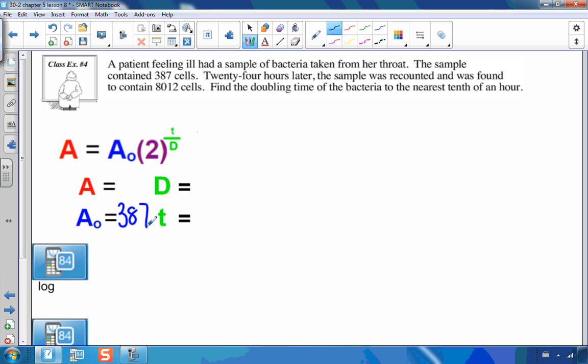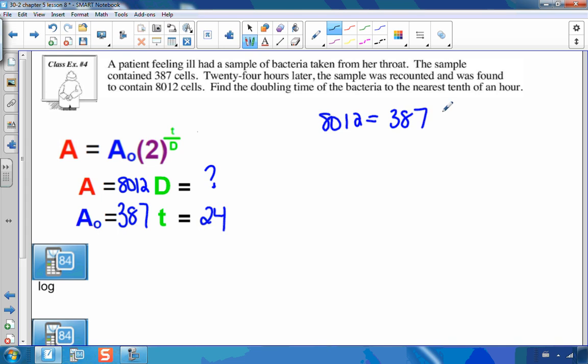So let's plug everything we know into the formula. 8,012 equals 387 multiplied by 2 to the 24 over d. I only have one power, so I'm going to isolate the one power and then switch it to log form. Don't take the log of both sides.